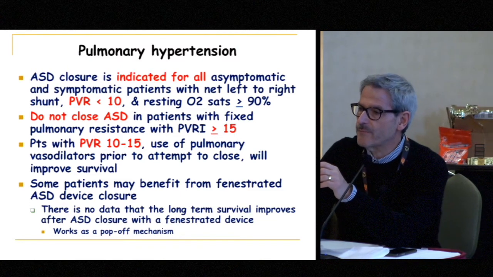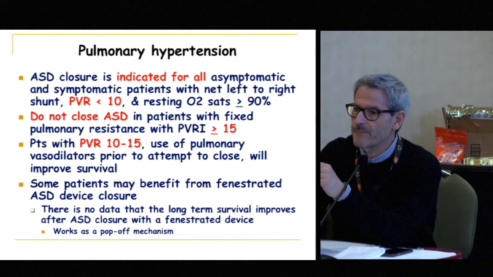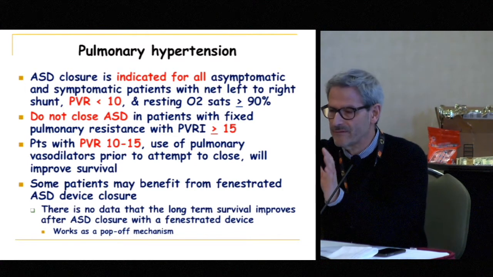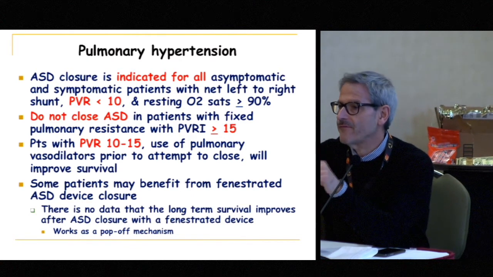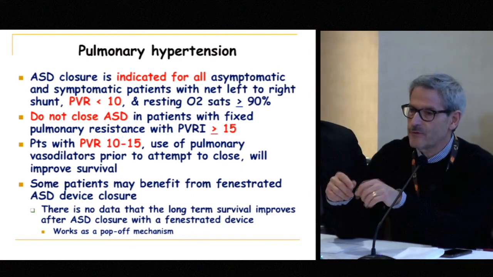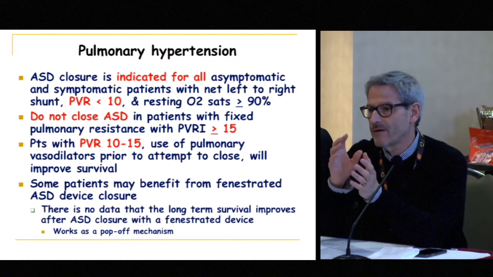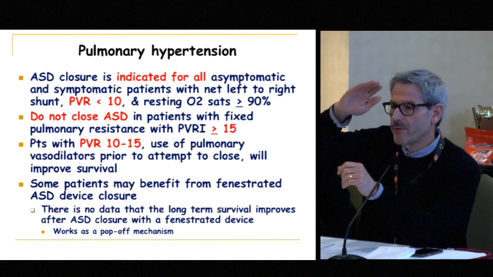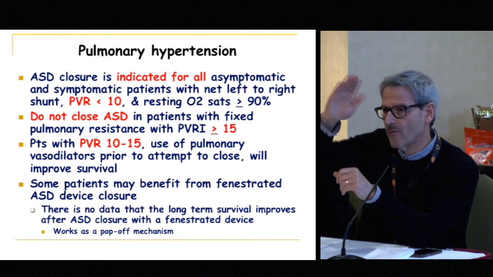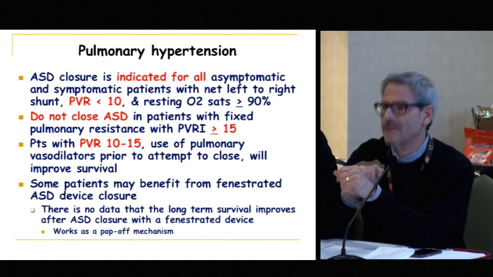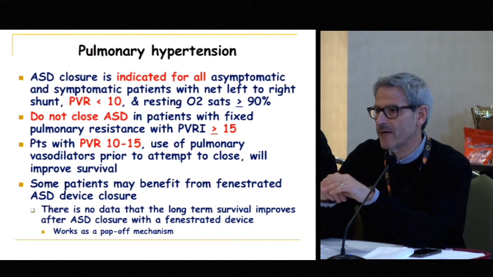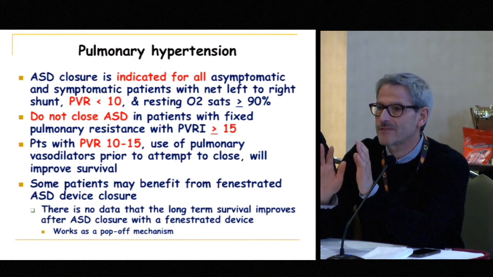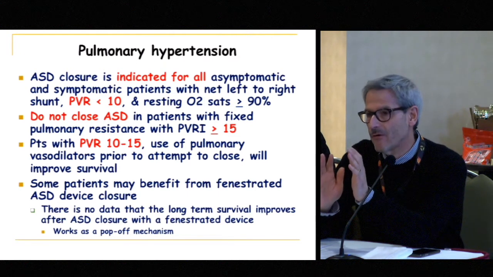I've seen cases where we were done with TE, and they spent a long time trying to figure out whether the device was in the right spot, that it was an odd orientation, and they finally decided that everything was okay. They released it, the patient went home, and came back with an embolized device. When you looked at the fluoroscopy, you could see that the superior margin of the device had a wavy line, and you know that's not in the right spot. You just know it's not in the right spot because it doesn't look like every ASD that you close every time, because they all look the same in the LAO cranial.